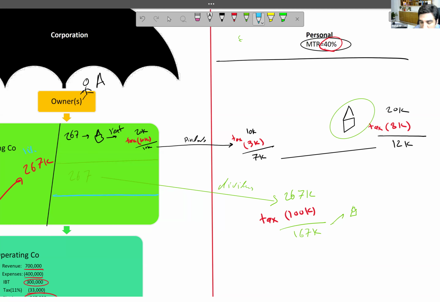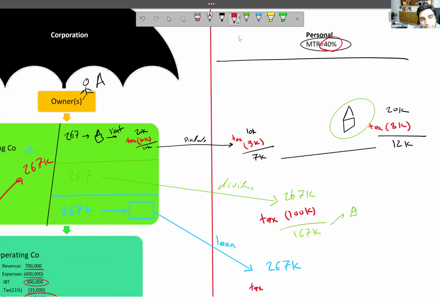So let's say that we put this $267,000 in a mediator and then take that money like a loan on the personal side. Now, it's a loan. How much tax we should pay?